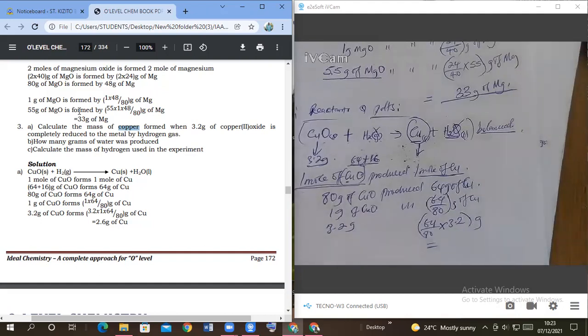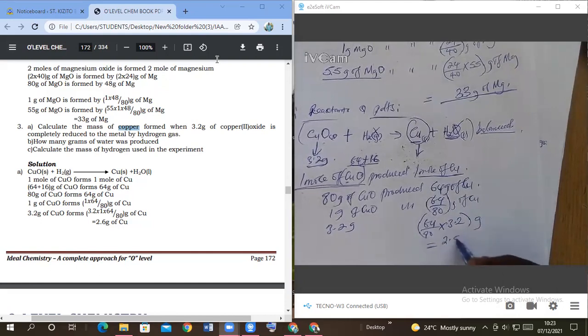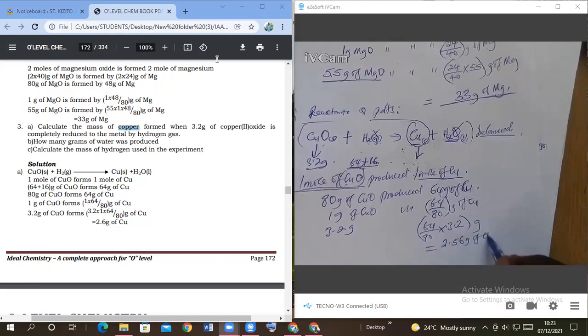Lynette, what is the answer? Lynette has escaped. What is the answer? It's 2.56. 2.56 grams of copper were formed.